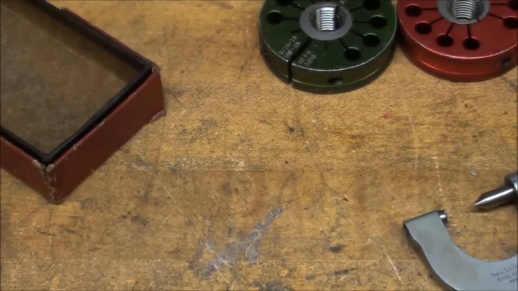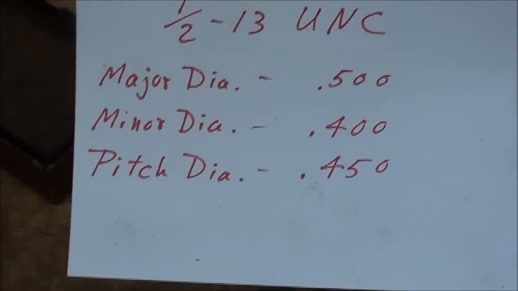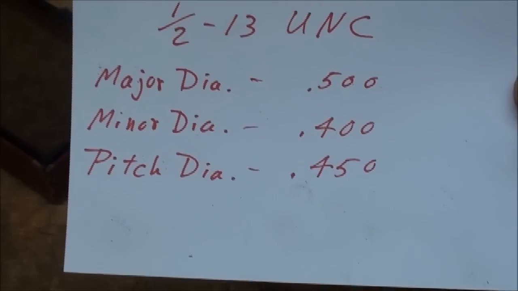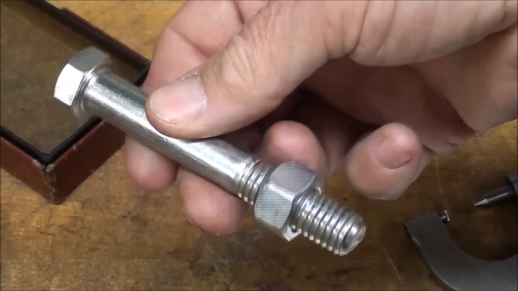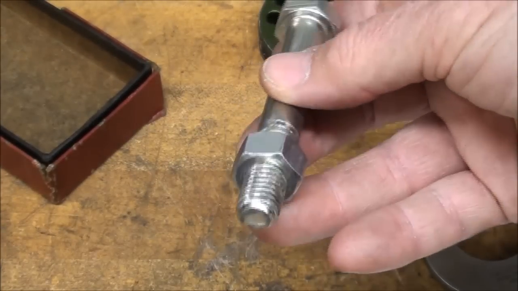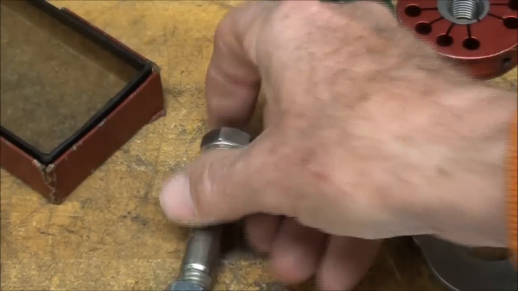And I wrote down the dimensions for half 13, and the pitch diameter should be 450. So it's 5 thousandths off, but I'm sure well within the tolerance for the plating operation and the general use that a bolt like this would be used for. So that's how to measure. Let's do one more.